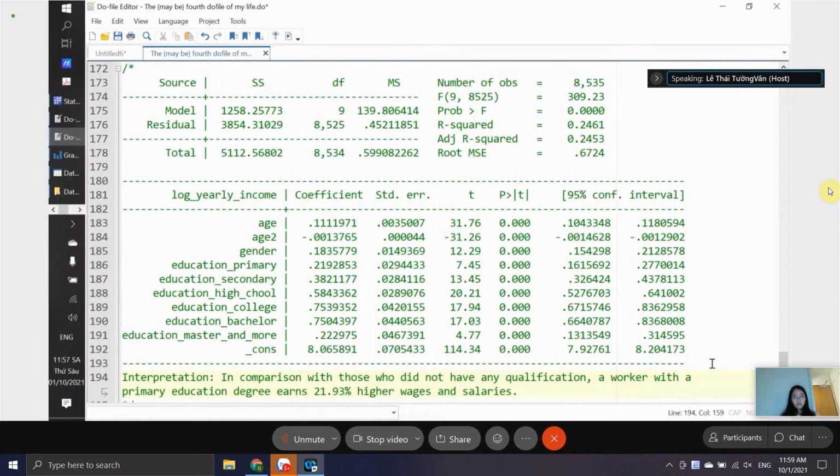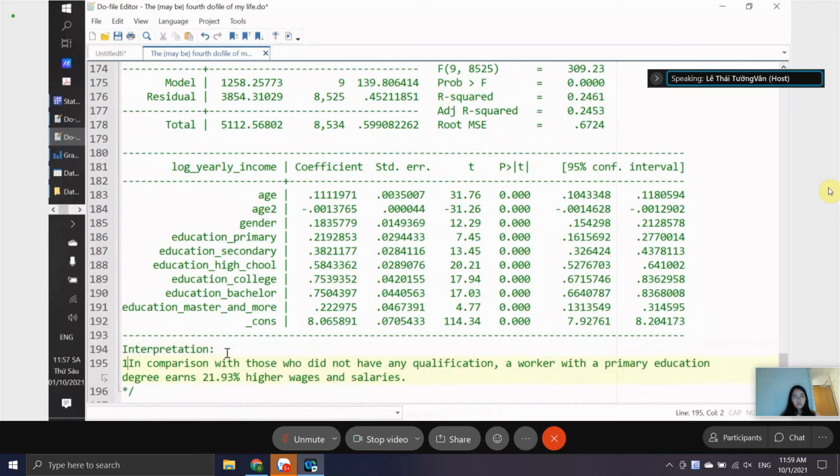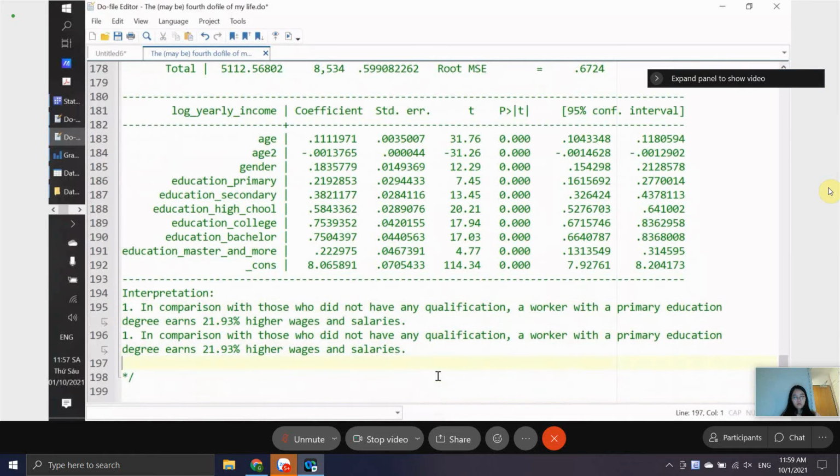So the omitted group is now the base group. The second one: in comparison with those who did not have any qualification, a worker with a bachelor degree earns 75.04% more. You know how to interpret that, right? This is how it works.